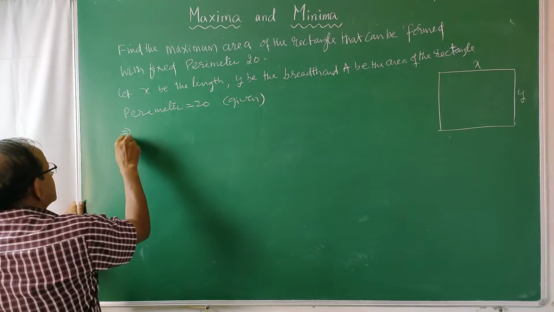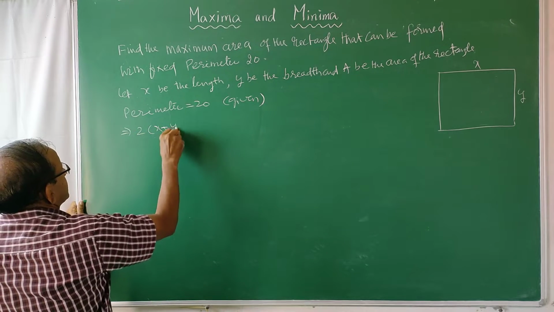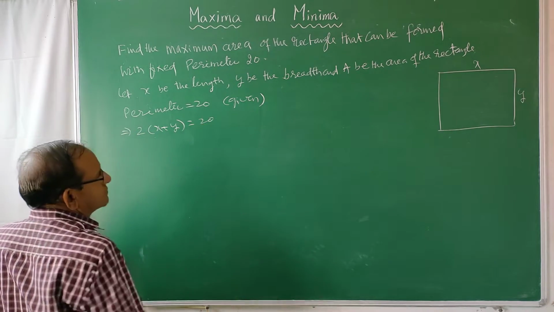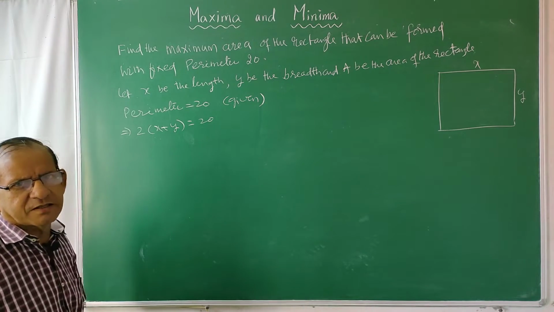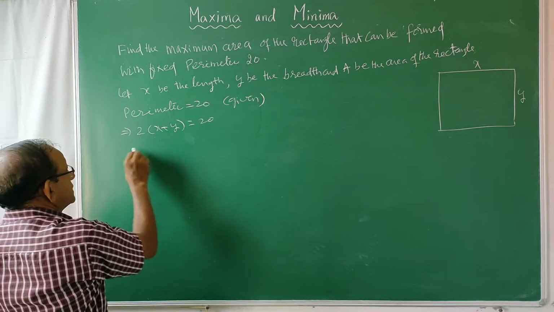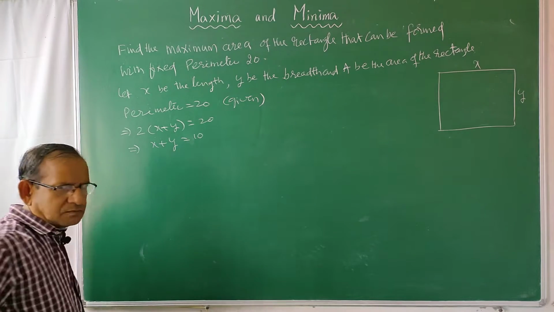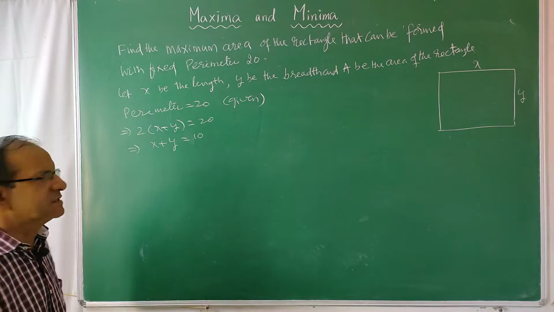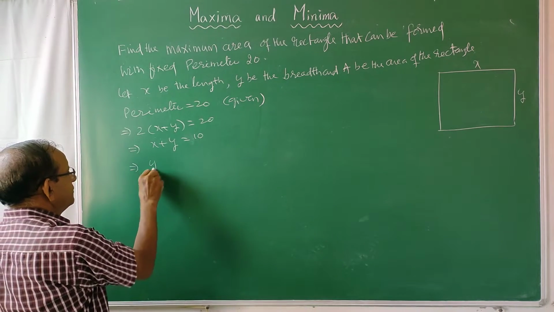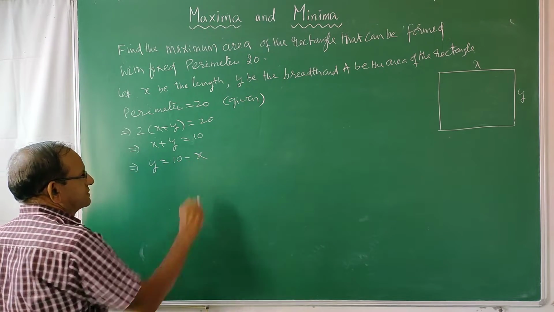That implies 2 into x plus y is equal to 20. Perimeter is 2 into length plus breadth. So you can cancel 2 on both sides, then you will get x plus y is equal to 10. Convert y in terms of x, that implies y is equal to 10 minus x.